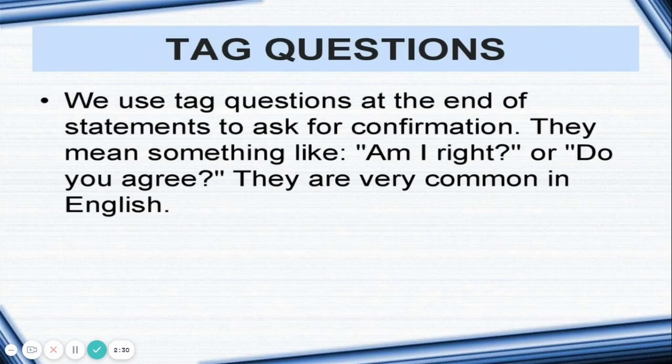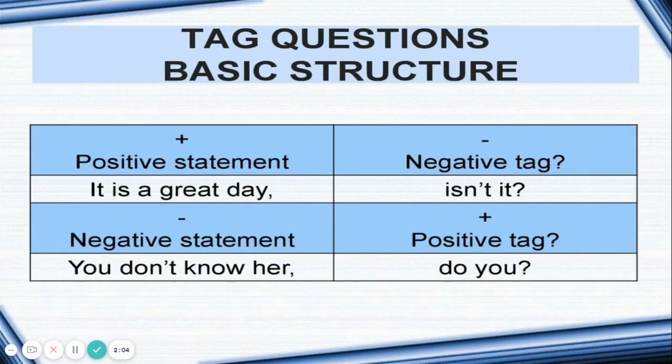We use these kinds of question tags at the end of the statement to confirm. Am I right, or do you agree? Do you disagree? Are you sure? All come under this question tag, where we need a confirmation, a reply from that particular person.